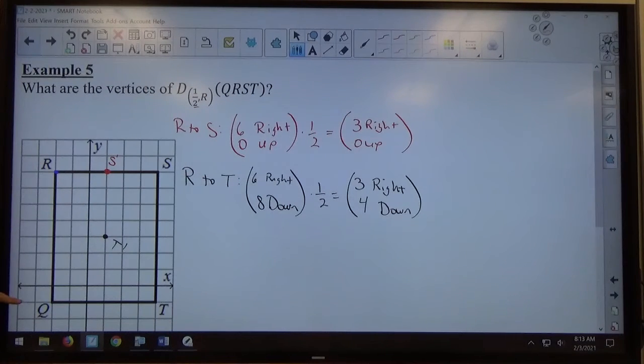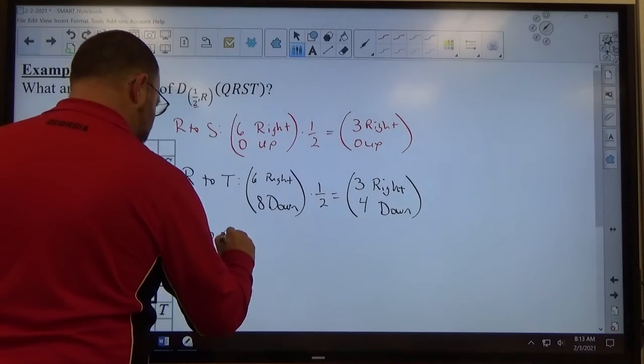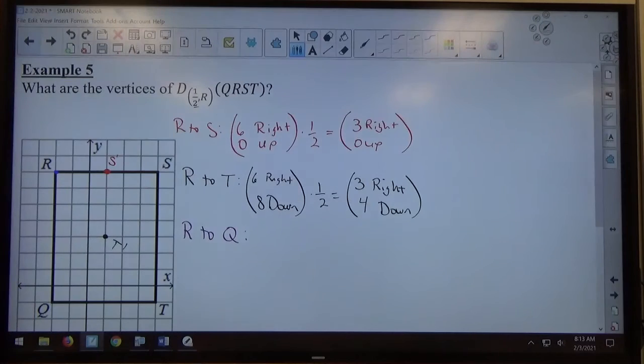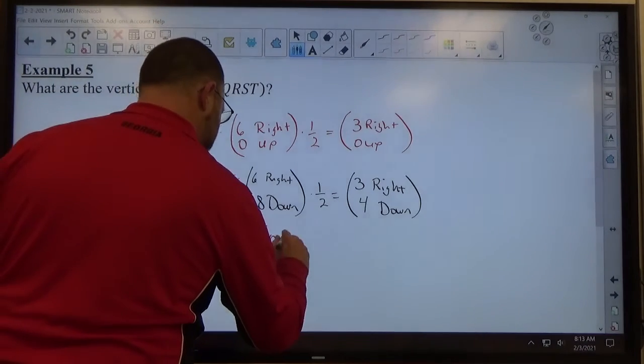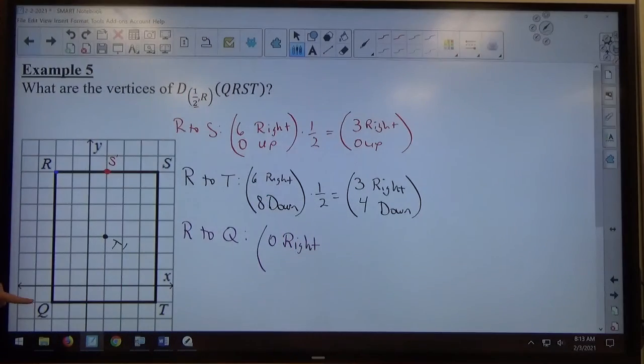Next point is R to Q. It doesn't matter which one you do first, by the way. I'm just going around the figure. So from R to Q, I'm counting how far to get from R to Q. I'm going 0 to the right, and I'm going 8 down.